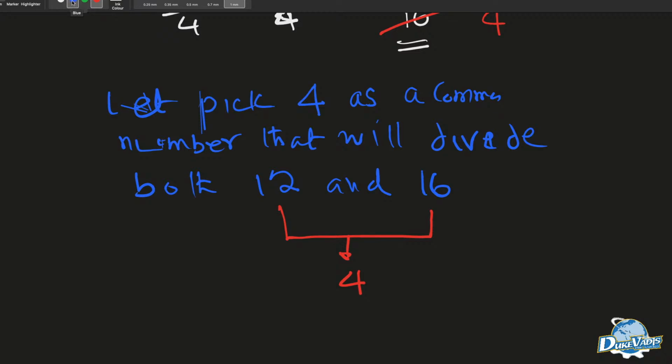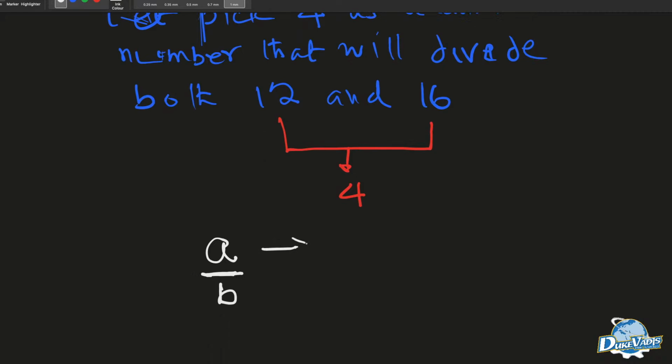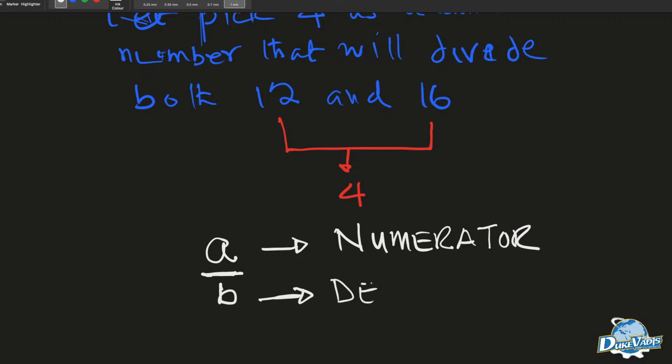In mathematics, for instance, if we have a number a over b, the number a on top is called the numerator, and the number b is called the denominator, and the line we see over here is called the division line.